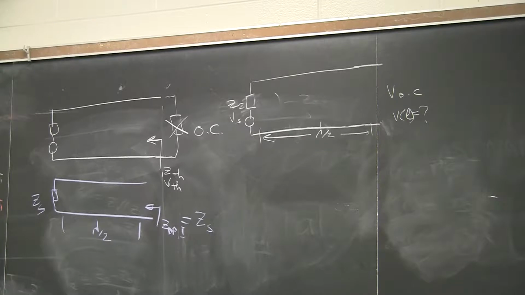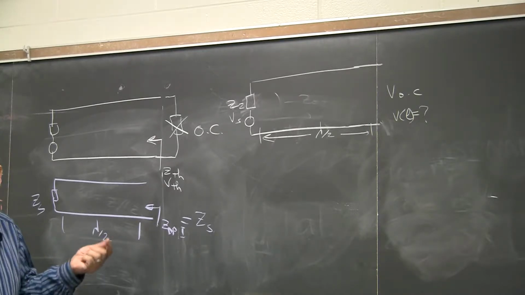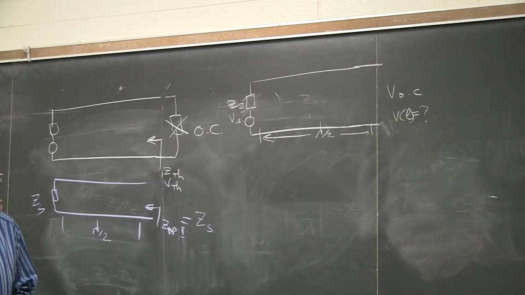You walk into a new town, you don't want to start taking shortcuts. You lose your way. So go through the territories and get the feel of things, and then when you are comfortable, you can start taking the shortcuts. So don't just say a lambda by 2 line means it's not there. Let's just do it.